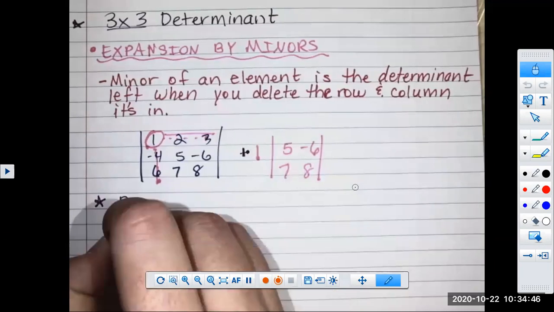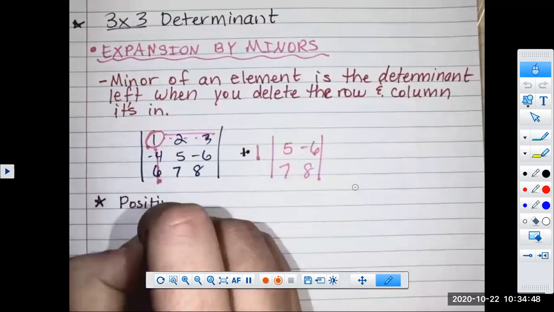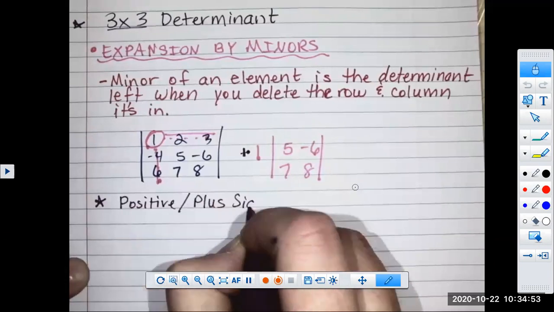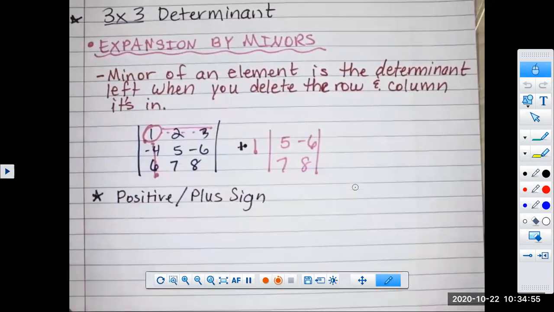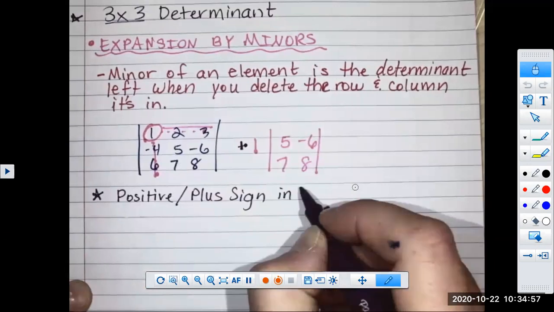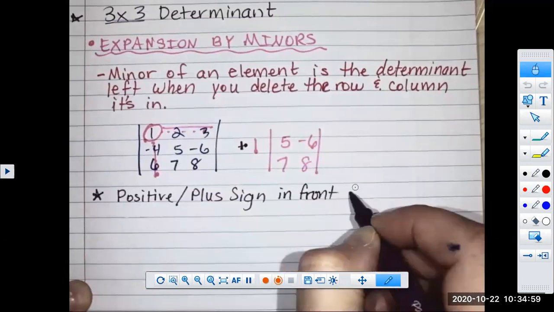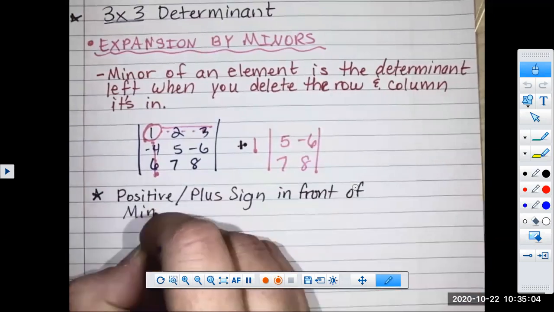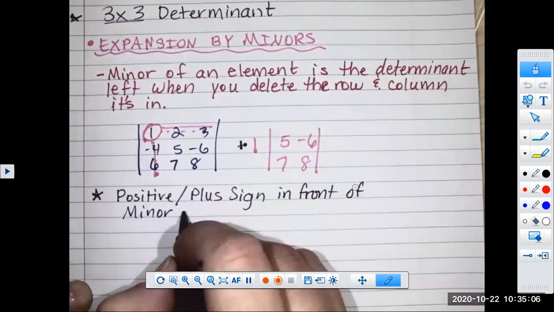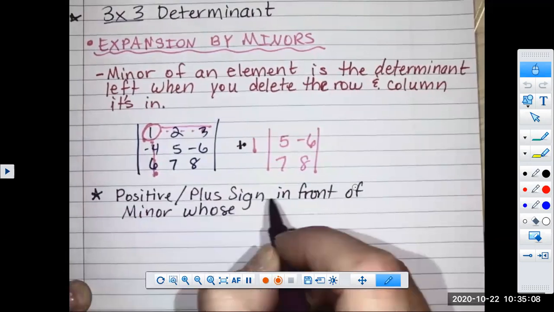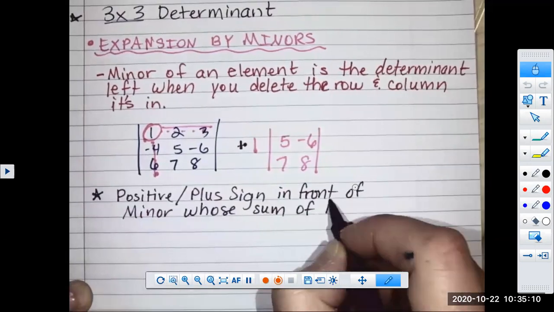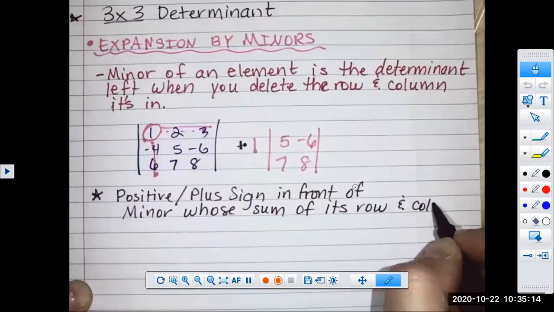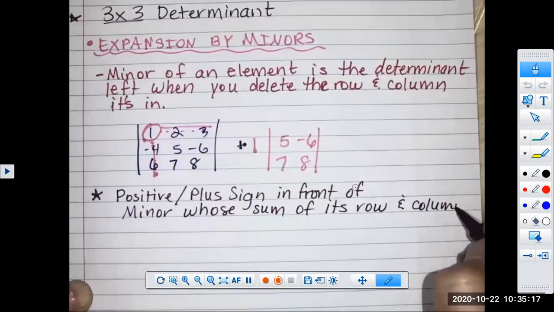You put a positive or plus sign in front of a minor whose sum of its row and column is even.